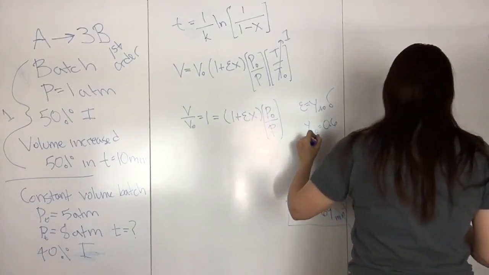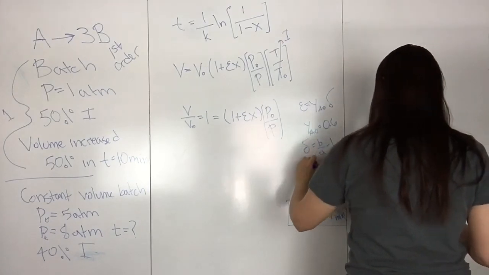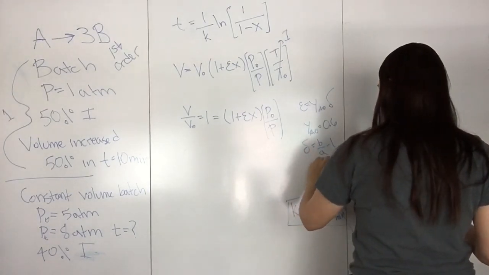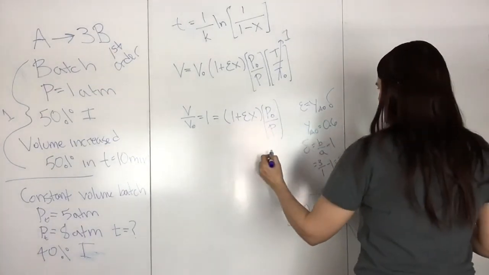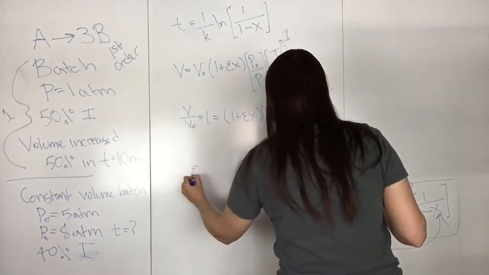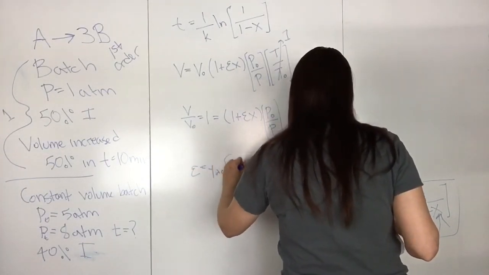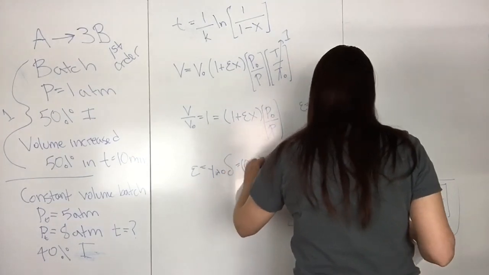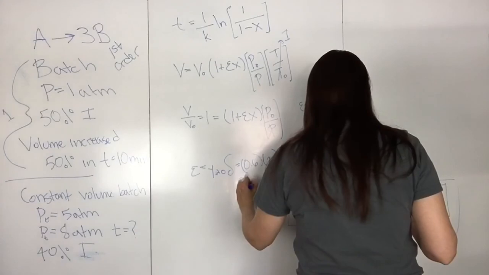It was B over A minus 1, which was 3 over 1 minus 1, equal to 2. So epsilon equals YA naught delta is equal to 0.6 multiplied by 2, and that equals 1.2.